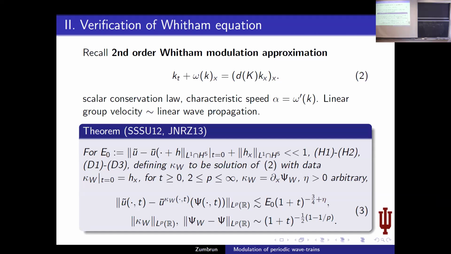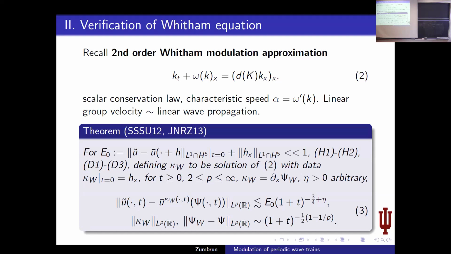here are our estimates. If we subtract from U tilde the fully modulated K and psi variable, this is from the Whitham equation, we get t to the minus 3/4 plus eta decay, where eta is arbitrarily small and positive. That's our way of accepting the log term in a way that goes through an iteration, the usual thing.